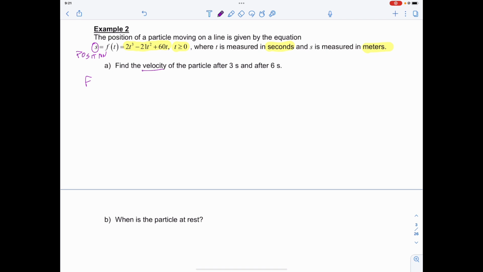So if f of t is equal to 2t cubed minus 21t squared plus 60t, then the velocity is going to be f prime of t, which is going to equal 6t squared minus 42t plus 60.